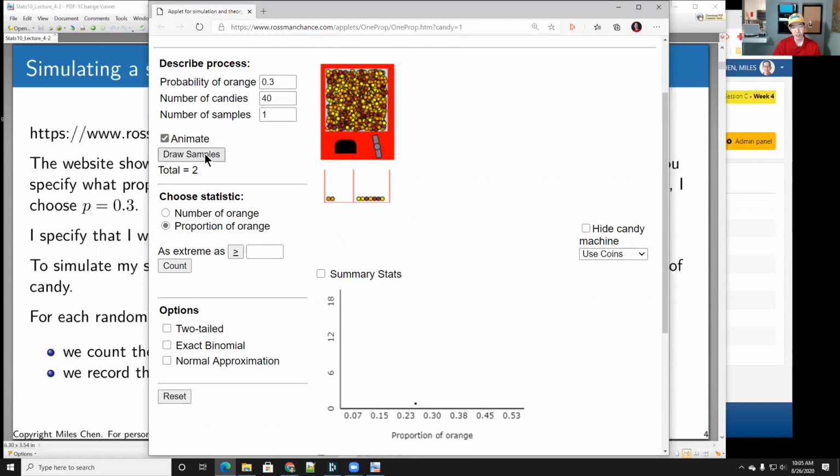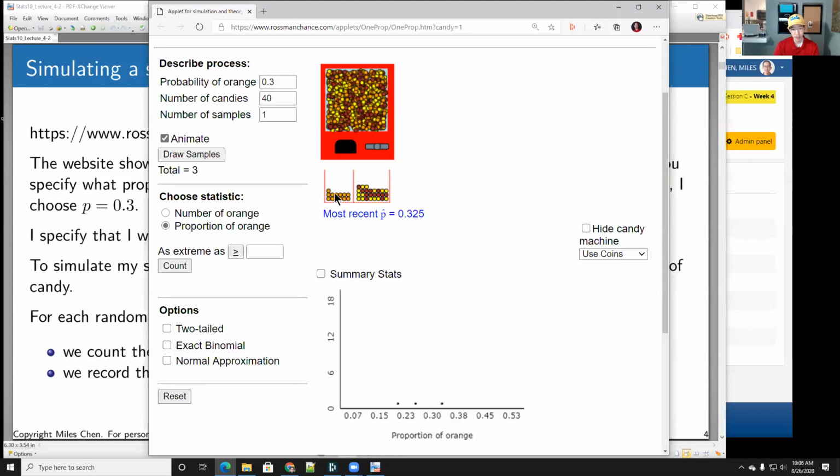Okay, and I'm going to do this again. So here's another 40 pieces of candy. Every time we get an orange piece, we're going to throw it over here. Okay, this time, by random chance, only 8 out of 40 were orange, and so my p-hat, my proportion orange, is 20%, okay? 8 out of 40 is 20%, and so I put a little dot at 20%.